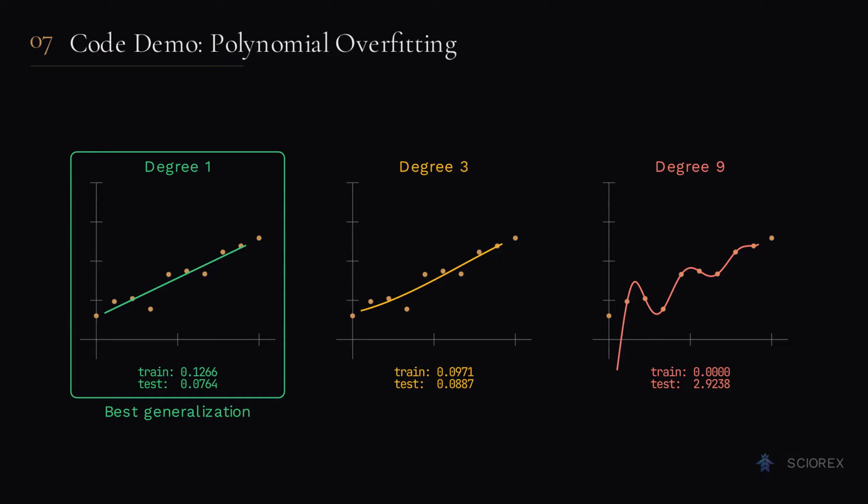This is the bias-variance tradeoff in action. The degree 9 polynomial has the capacity to fit anything, so it fits everything, including the garbage. The degree 1 model is constrained, so it can only capture broad structure, which is exactly what generalizes. In episode 3, we talked about model capacity, how complex a function the model can represent.